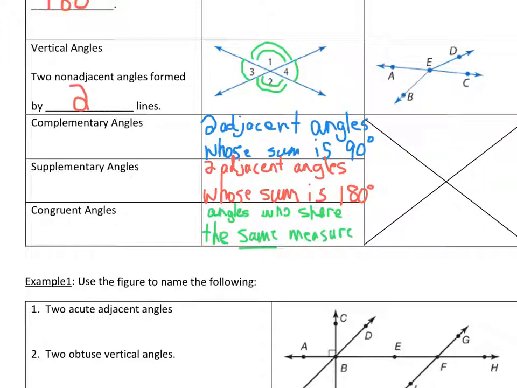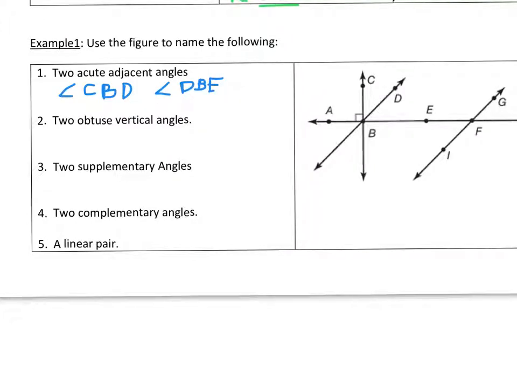So there we go. For two acute adjacent angles, I took a look at angle CBD and angle DBE. And for two obtuse vertical angles, I need two angles that are greater than 90 degrees, and I'm looking for vertical angles.